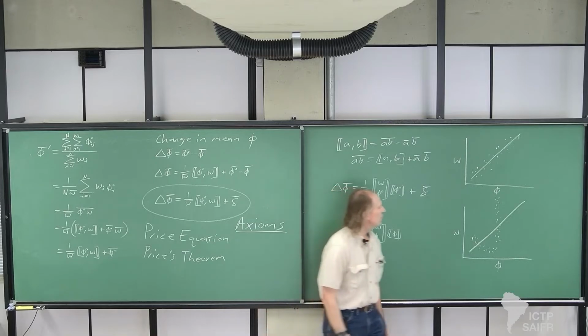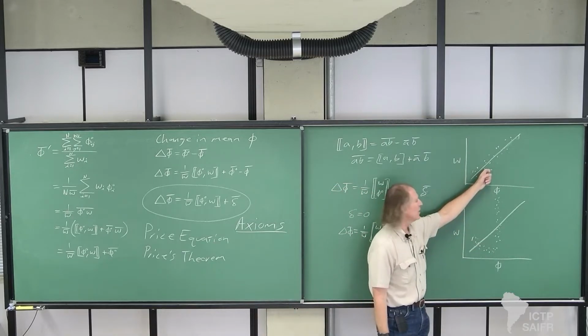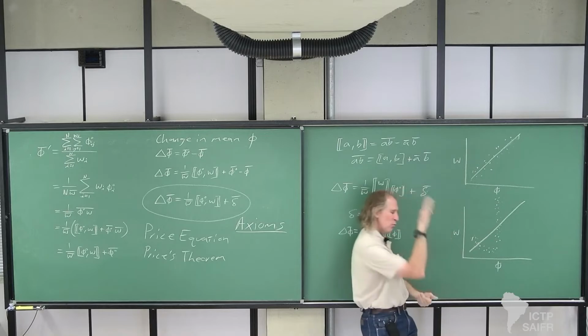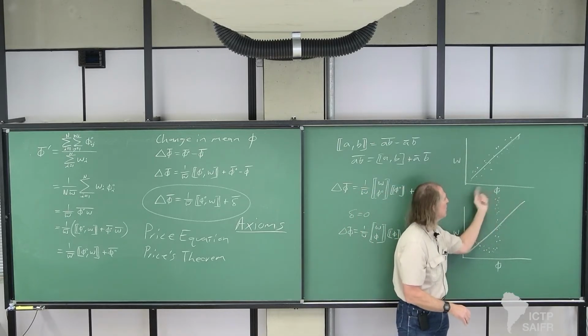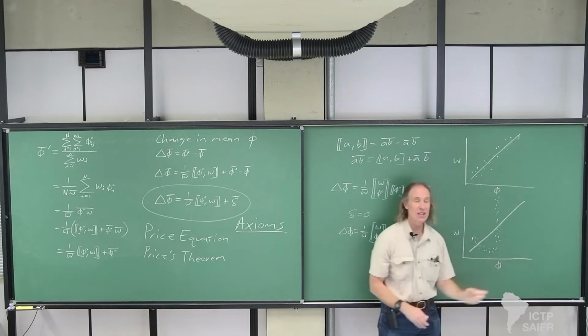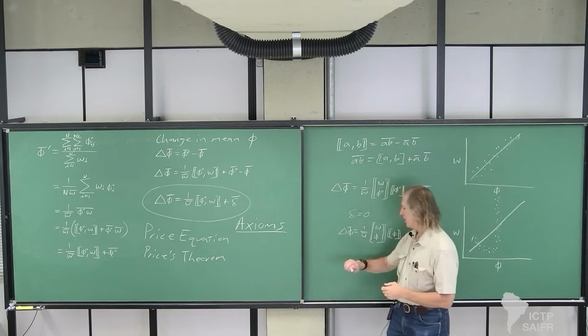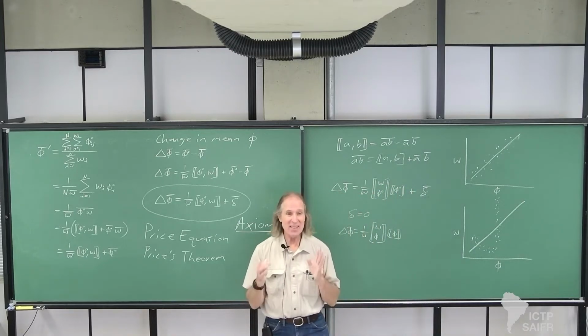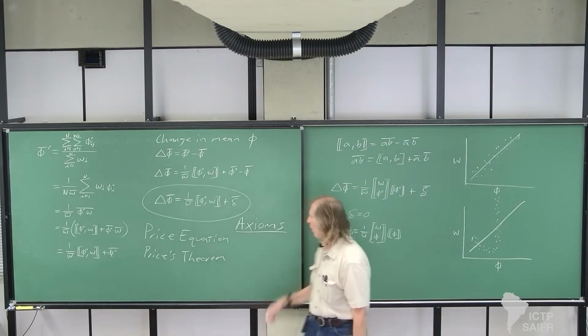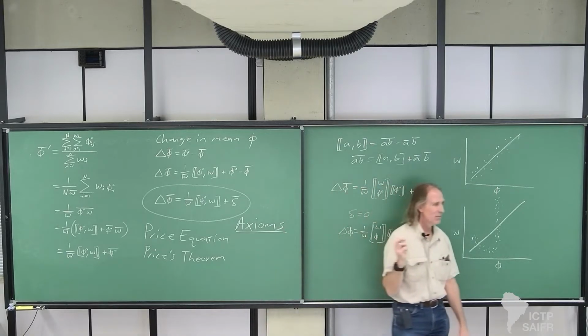And so in a sense, we're using scientific axioms to derive this. That means a weird result like this, that the shape of this distribution, I can really change the shape of this as long as the slope is the same and the variance in phi is the same, I get the same change in mean phenotype. That is true necessarily unless one of my axioms was wrong, okay?